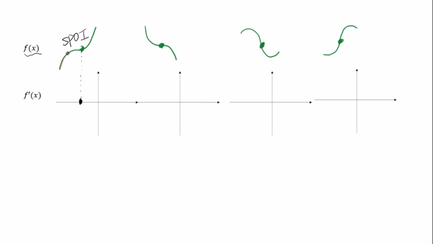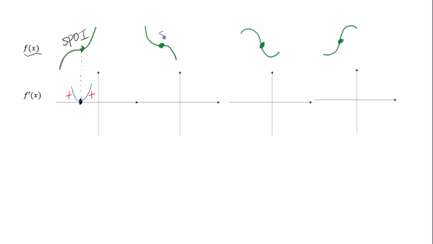This part of the graph is increasing. This one is also increasing. So this will be positive for f prime of x. Positive means above the x-axis, so we can predict the graph like this.